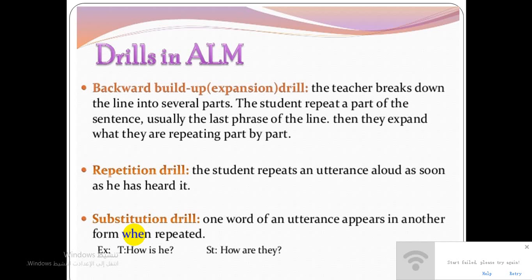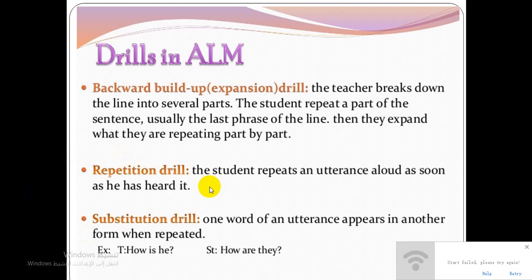The students expand what they are repeating part by part until they are able to repeat the entire line. The teacher begins with the part at the end of the sentence and works backward from there to keep the intonation of the lines as natural as possible. This also directs more student attention to the end of the sentence, where new information typically occurs.